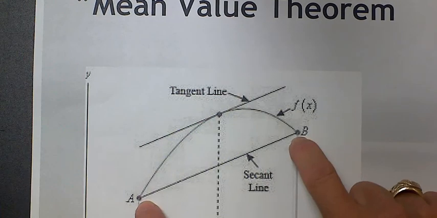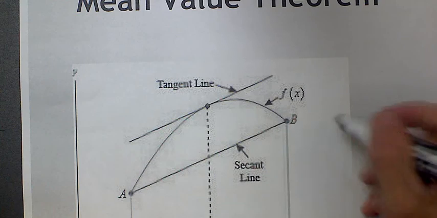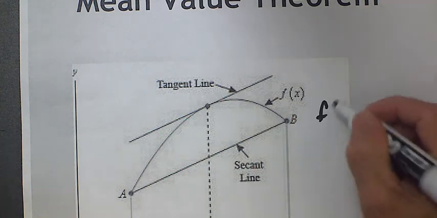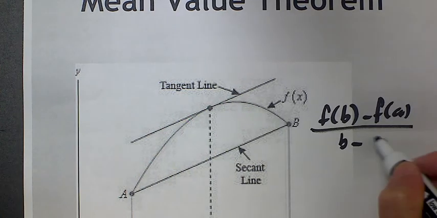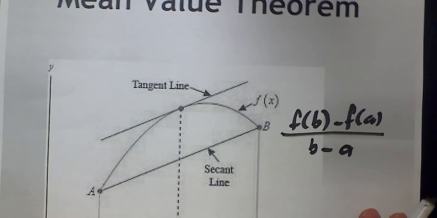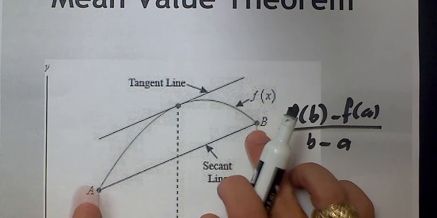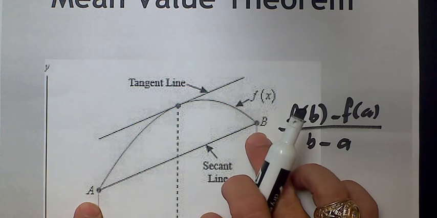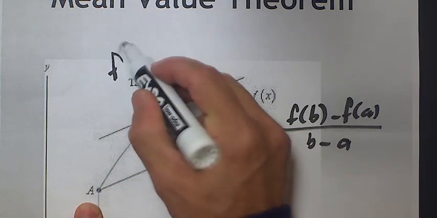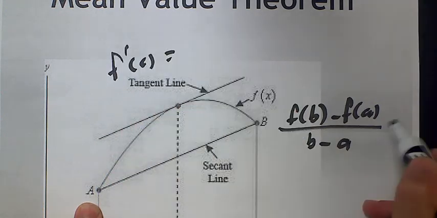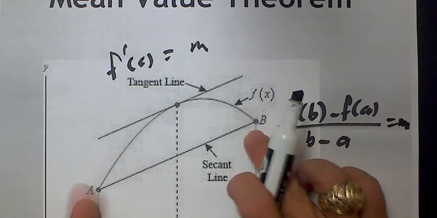What the mean value theorem tells you is if you apply the average slope formula, f of b minus f of a over b minus a, your algebra 1 slope formula for the endpoints, whatever that number is, somewhere in between there is an f prime of c that has that same slope. This is the average slope formula. This is algebra 1 slope.